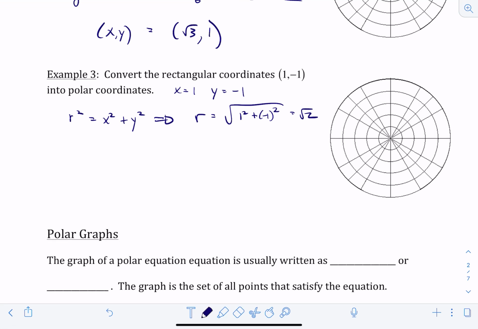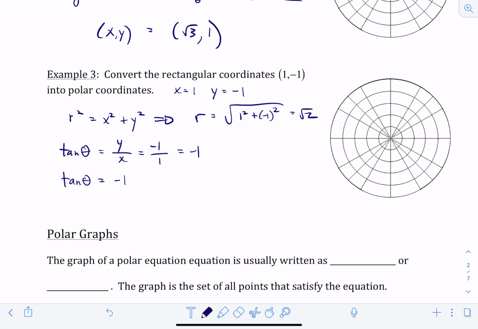I want to figure out the angle. So I know that tangent of theta is equal to y divided by x, which is equal to negative 1 divided by 1. So that's equal to negative 1, right? So I know that tangent of theta is equal to negative 1, right?